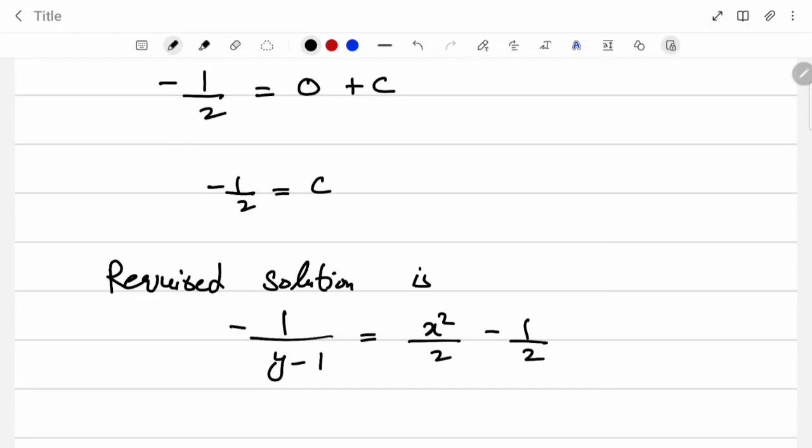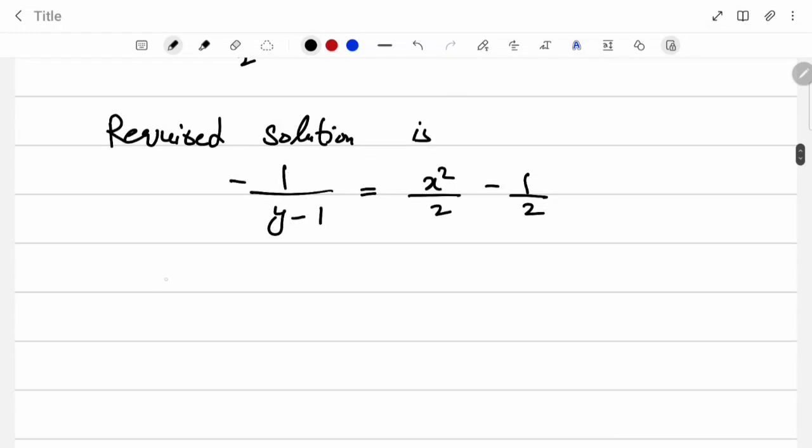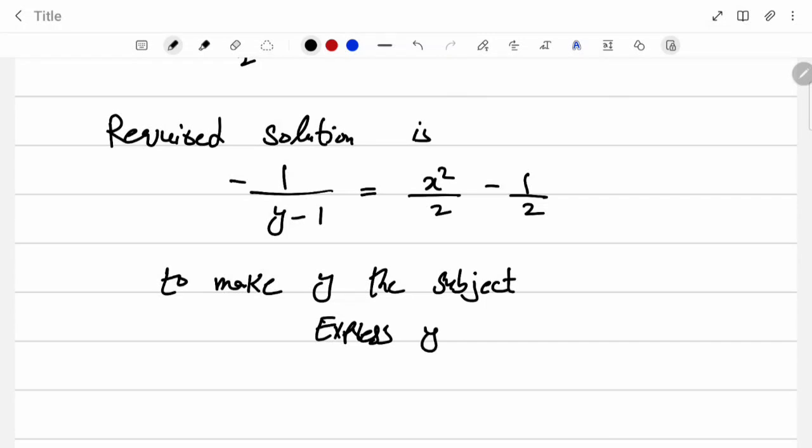But there we need to be very careful, because sometimes they want us to make y the subject, or they can write: express y in terms of x.